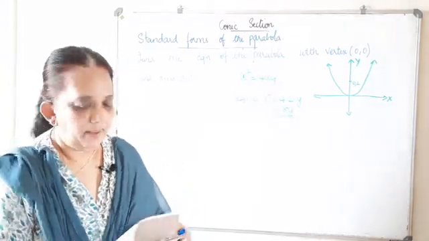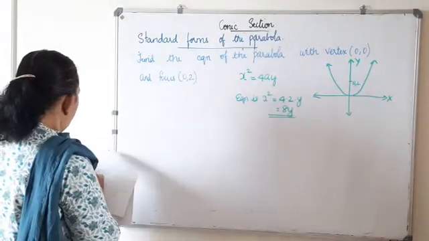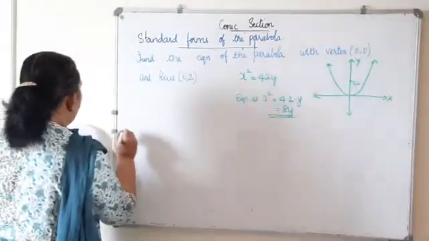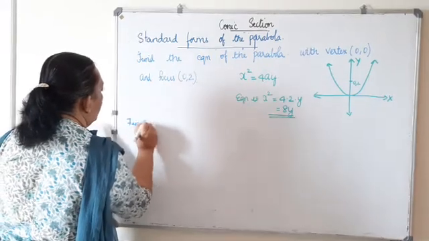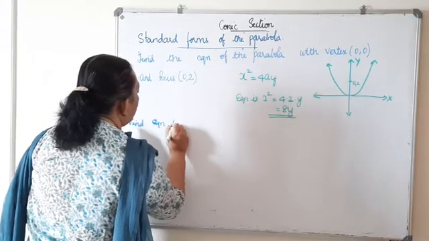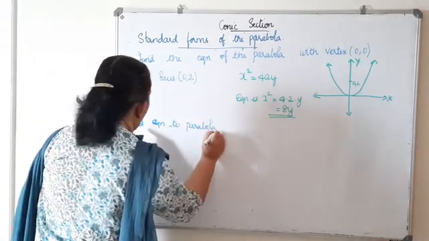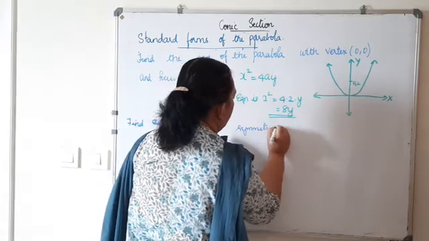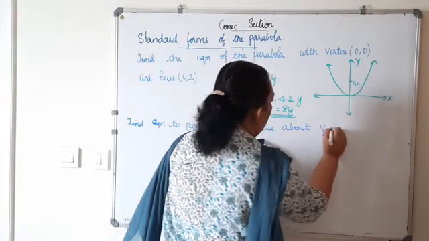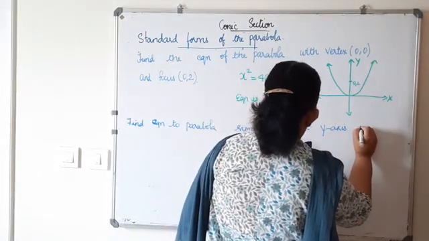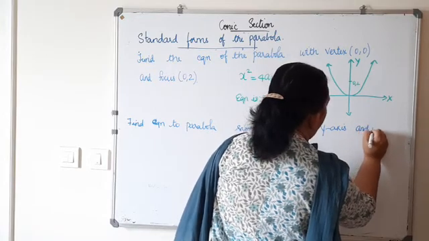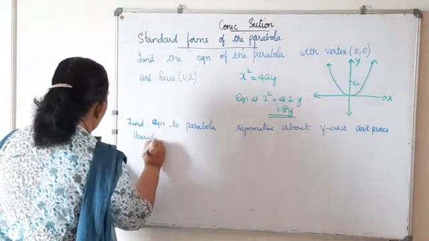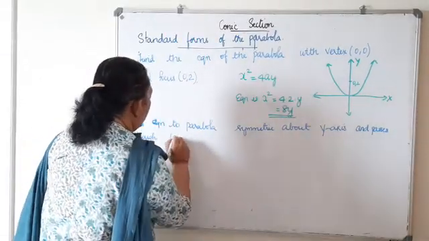Now, let us consider another example. You have to find the equation of the parabola symmetric about the y-axis and passes through (2, -3).